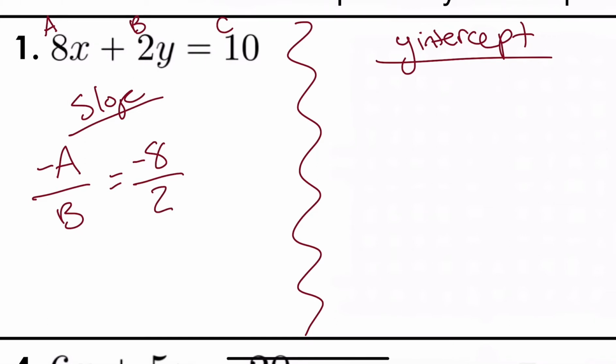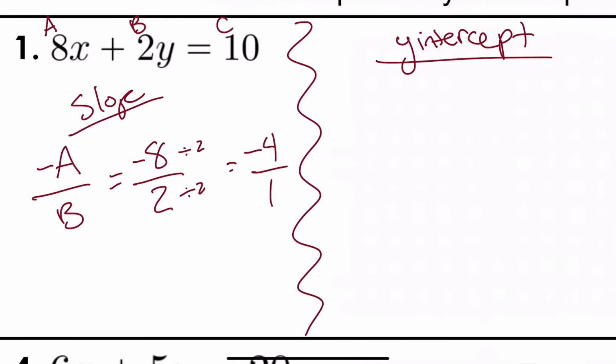Okay, so this is one where we can reduce it. So to reduce, remember, you are going to divide by whatever your greatest common factor is. So for this, it's going to be 2. So I'm going to divide by 2 on the top and the bottom. So I get negative 4 on top over 1.